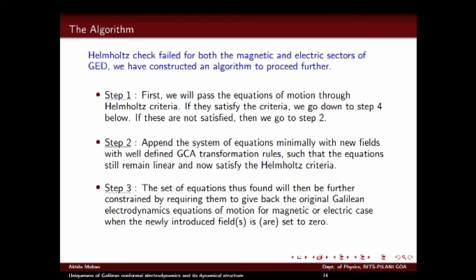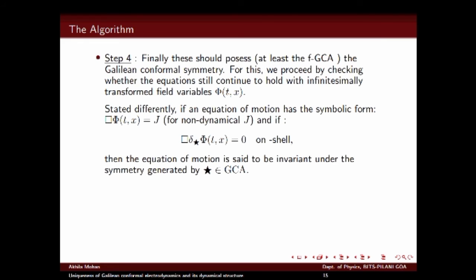And step 3 is if you switch the extra added fields to 0, you have to get back the original equations of motion you started with. And further, step 4, checking invariance of the equations of motion under Galilean conformal symmetry. If you get a set of equations of motion which satisfy all these criteria, then you can go for the construction of the action directly from here.